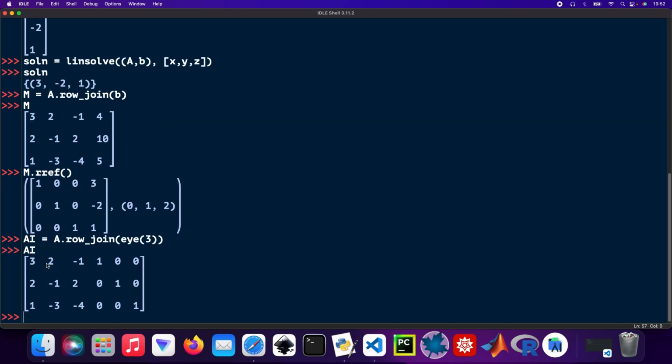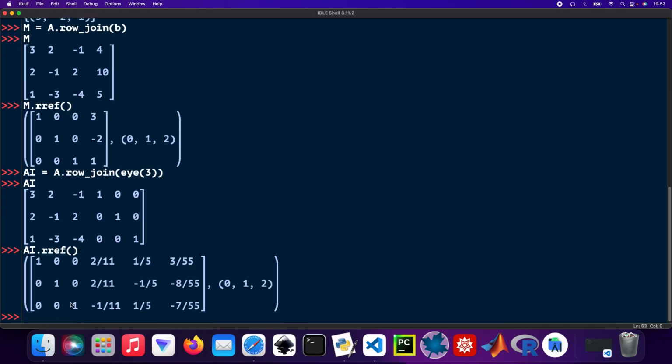So that's the matrix, and then the identity matrix. And then finding the inverse of that, AI dot RREF. So the identity matrix, that's the inverse of a matrix A. Okay, so it's the same.